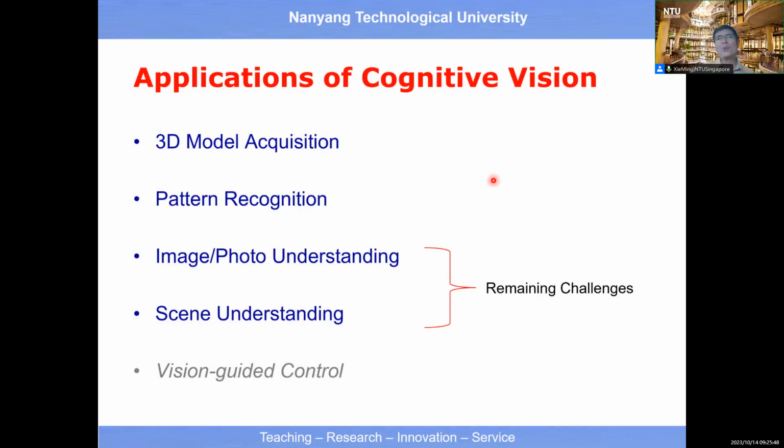But for those of you who want to do research in AI, I recommend two research topics for you to undertake in future. One is image and photo understanding. The second one is scene understanding. These are the two domains in which you could contribute in future.